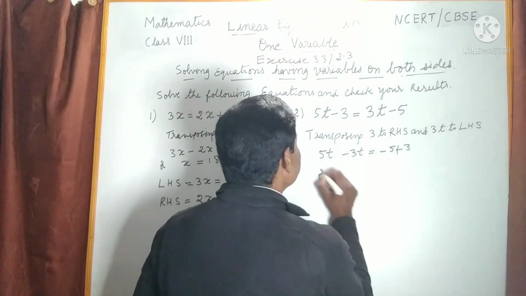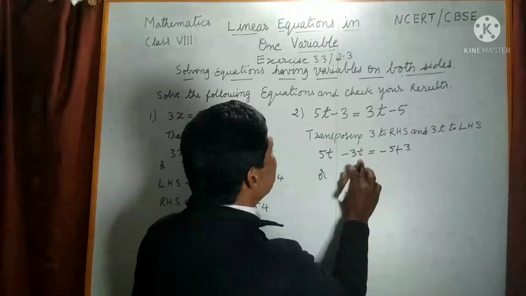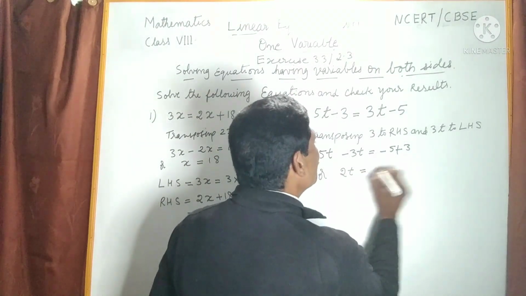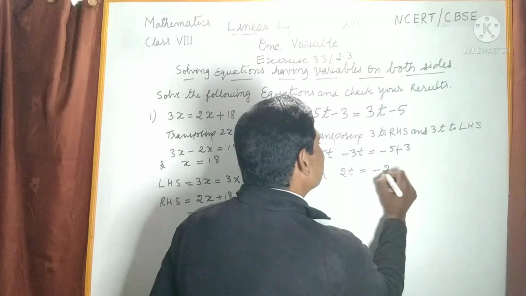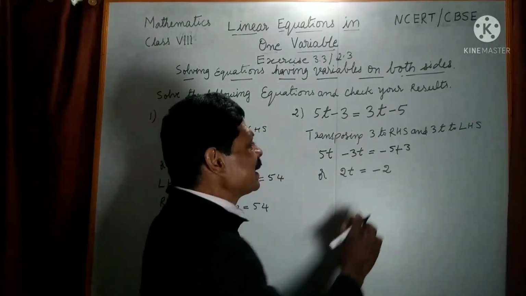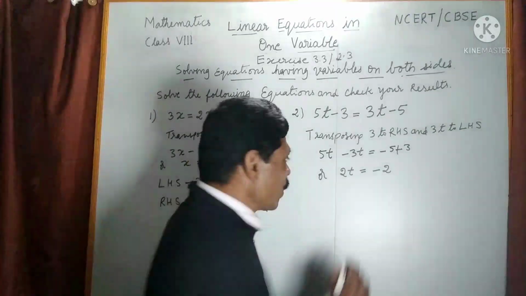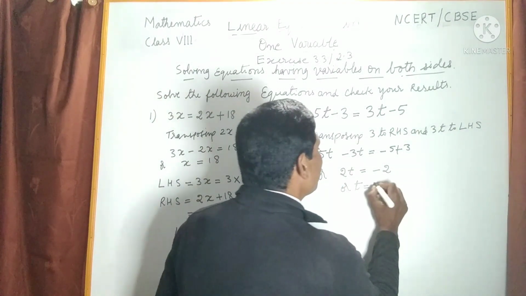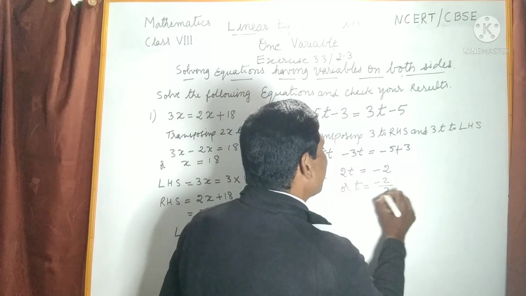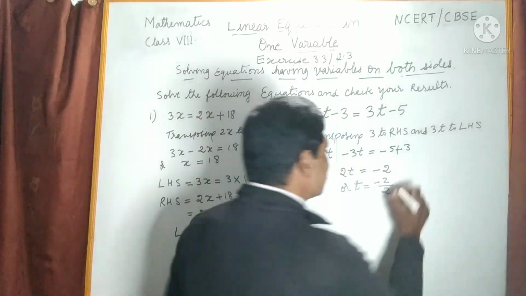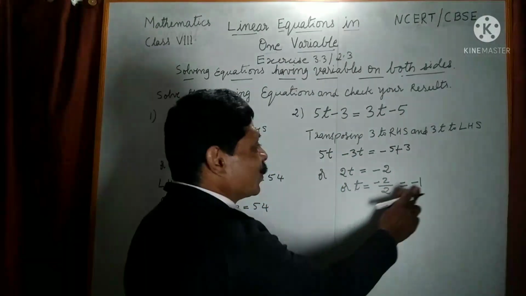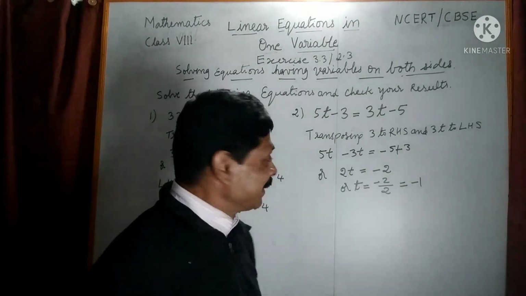Or 5t minus 3t is 2t is equal to minus 2. Minus 5 plus 3 is minus 2. Or t is equal to minus 2 divided by 2. This is equal to minus 1. That means t is equal to minus 1.